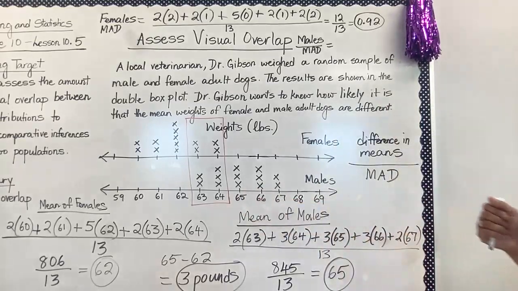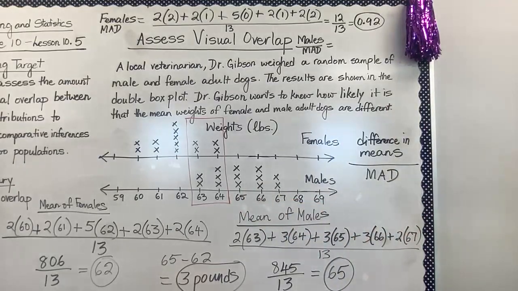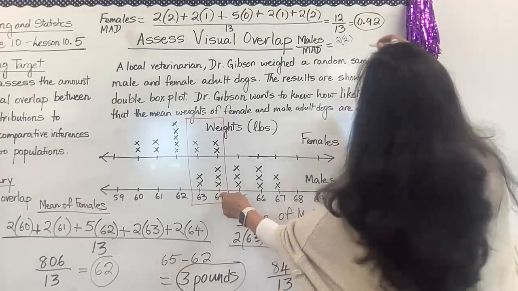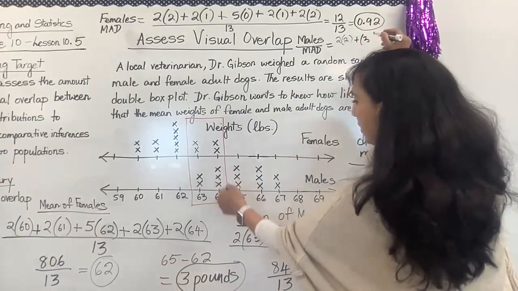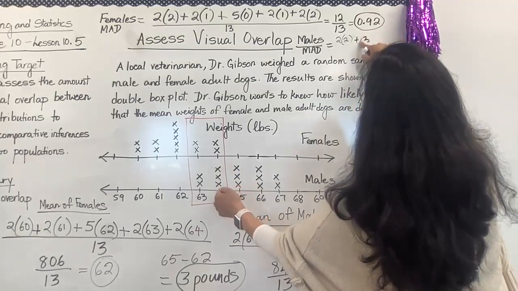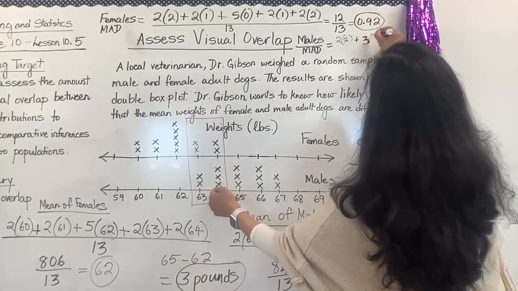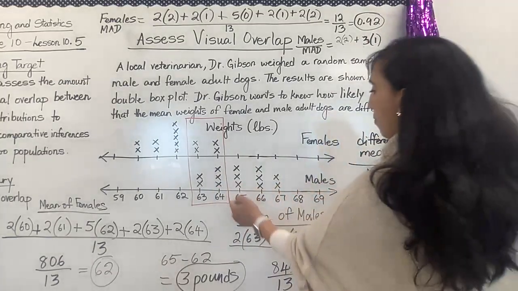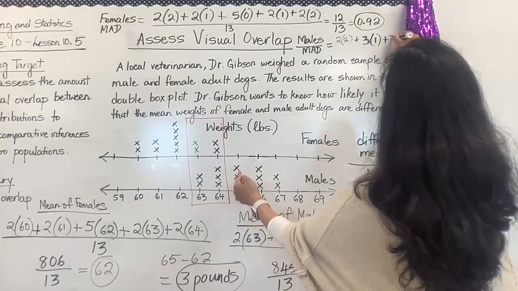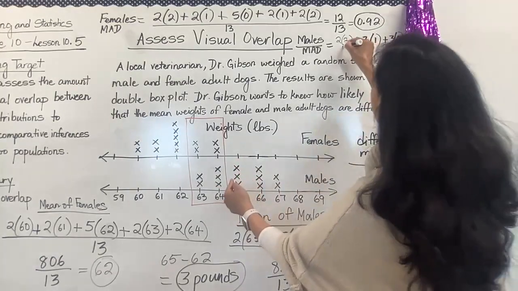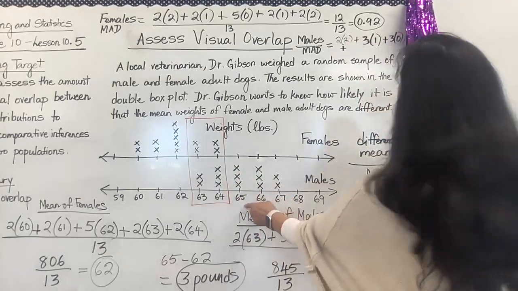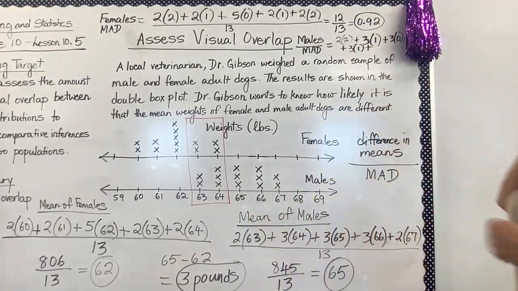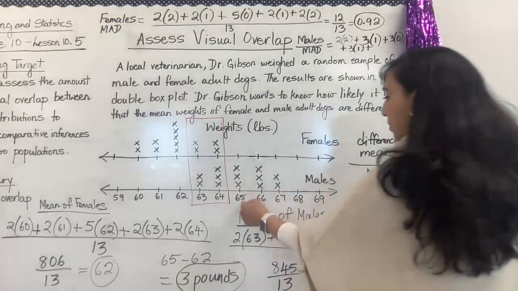So when we do that calculation, we are going to get 2 times 2, plus 3 of these are 1 away, so 3 times 1. Then I have 3 times 0, because 3 of them are 0 away. Plus 3 of these are 1 away, so 3 times 1, plus 2 of them that are 2 away from here.